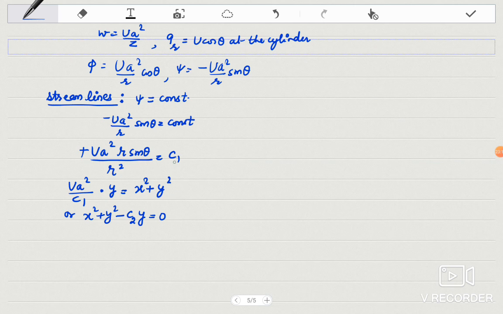If I take this constant to be negative, then I will get like this. If I take this constant to be positive, I will get this with plus symbol.